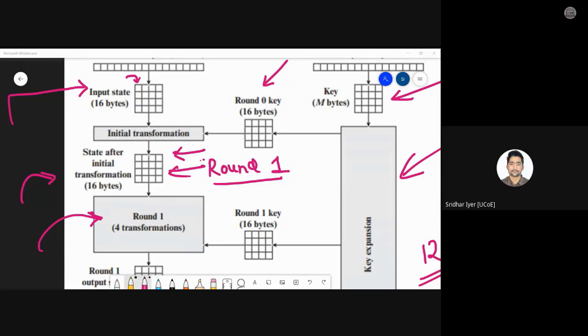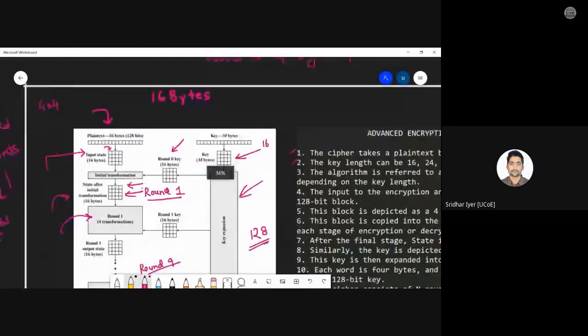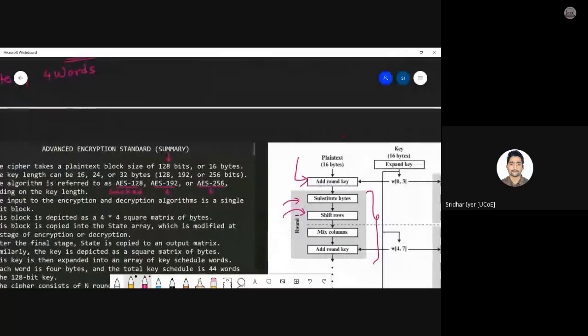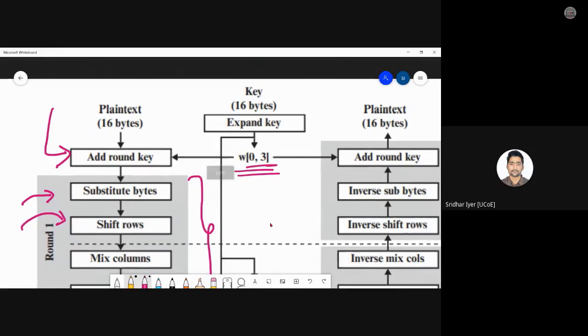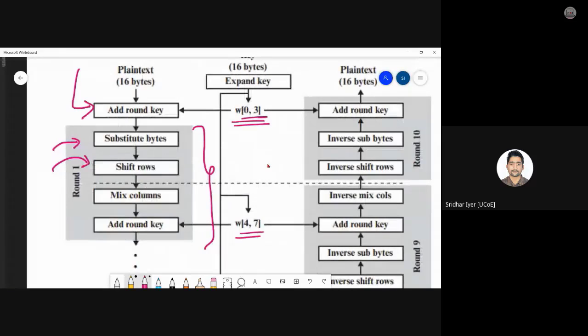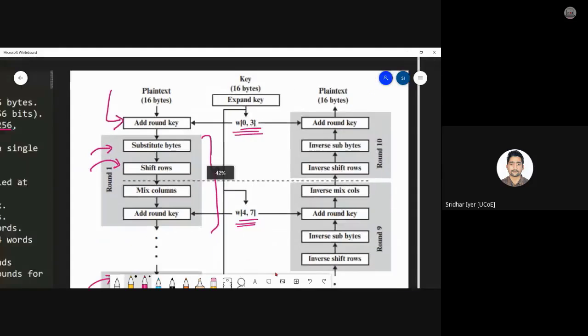The initial transformation is nothing but whatever plain text we are getting, we are converting into a different sort of plain text. For that, we simply XOR the initial plain text with the round key. The round key would be W0 to W3, the first four words. The second round will be from W4 to W7 and so on.